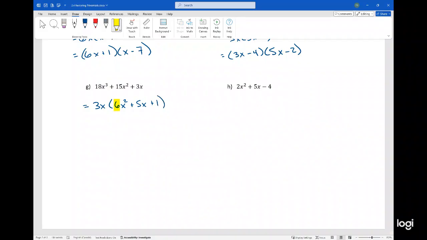And now I'm looking for two numbers that multiply to 6, add to 5, and those numbers are 2 and 3. I'm going to decompose the 5x into plus 2x plus 3x.